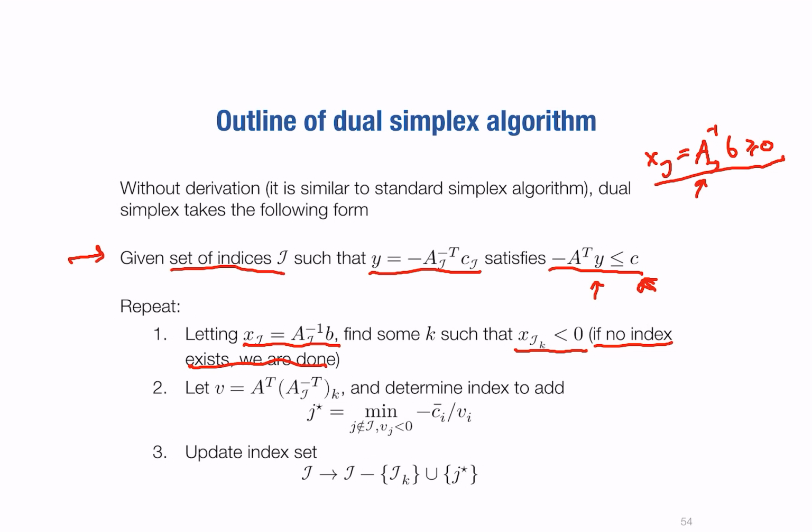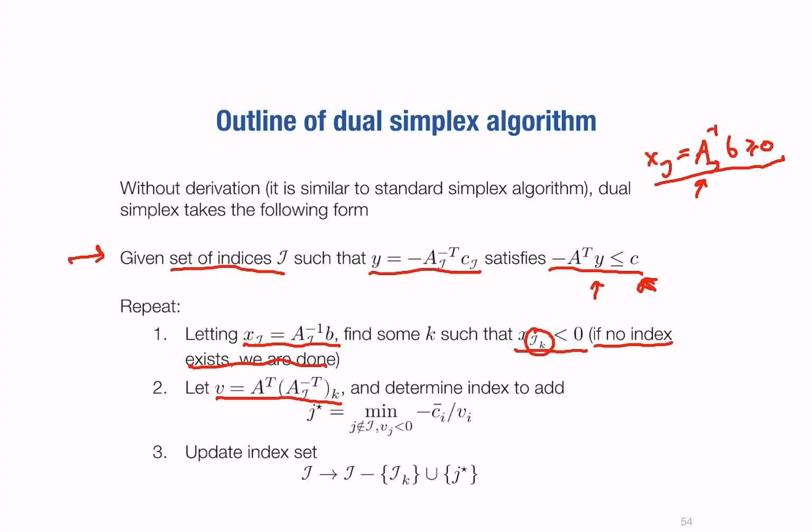We've solved the problem. Assuming we can't find this, though, we determine an element to add to our index set and an element to subtract. We found the negative entry here, and now we find an entry to add. We let some term v equal this term. This is very similar to how we added an index in the primal algorithm.